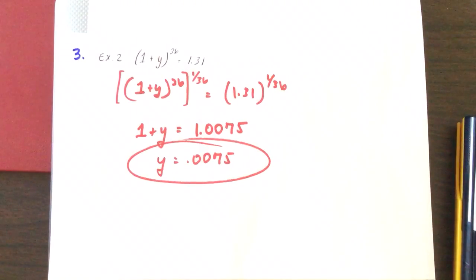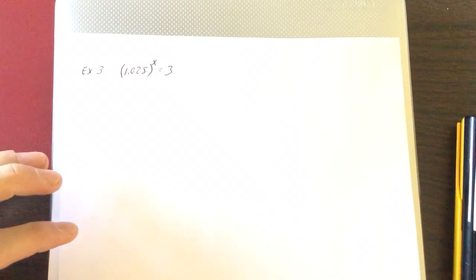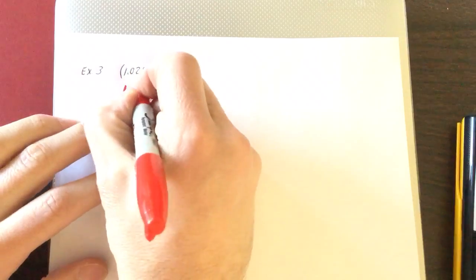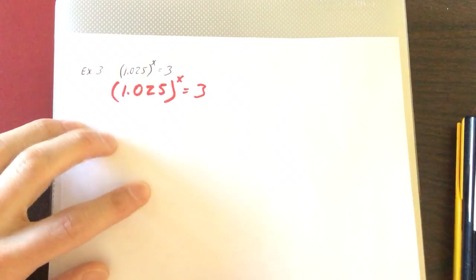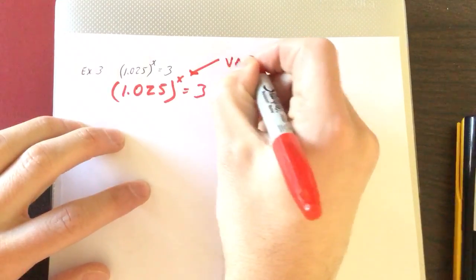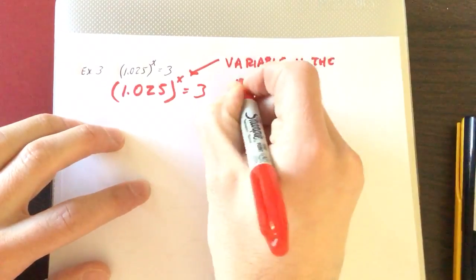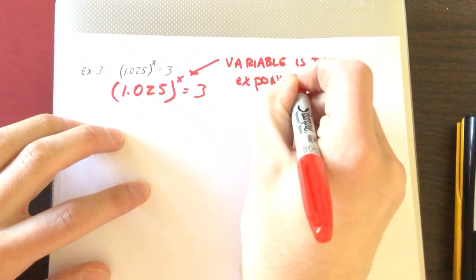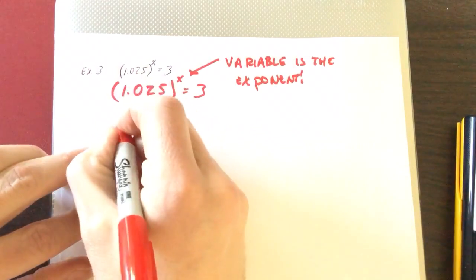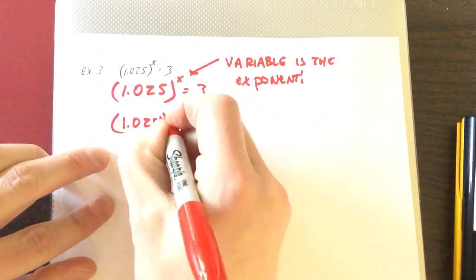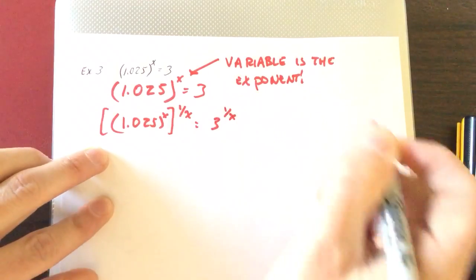If the exponent is not a numerical value, if instead our exponent is the variable, I'm just going to rewrite that so it shows up a little bit better. Variable is the exponent. Well, if we do 1.025 to the x and we raise that to the 1 over x, we would have 3 to the 1 over x.